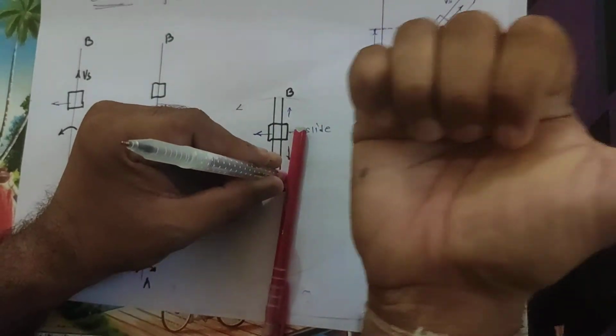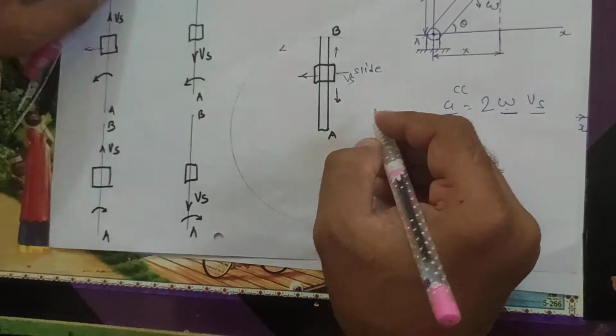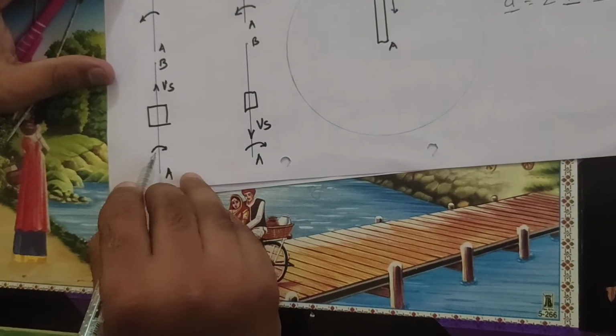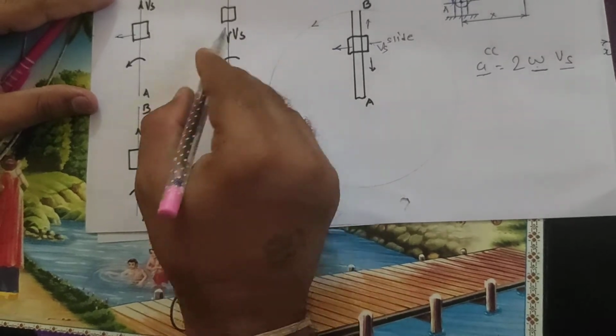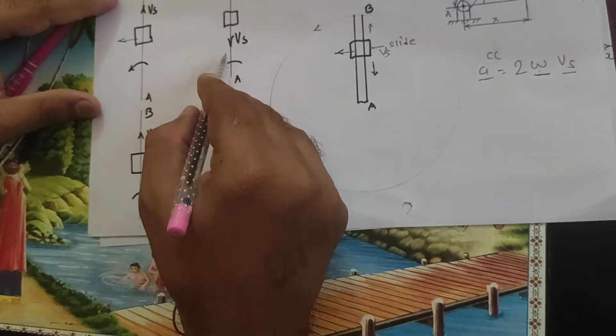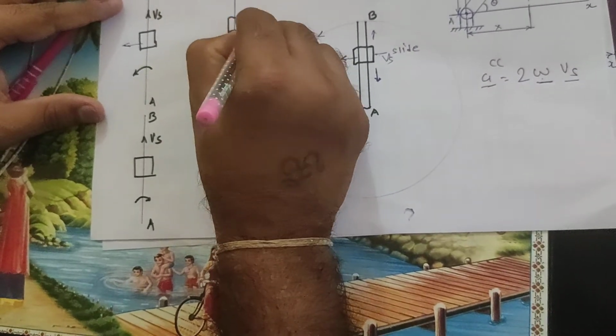So the thumb indicates the direction. For the second part, the direction is anti-clockwise and the slider moves with a velocity in the downward direction, so the direction will be like this.